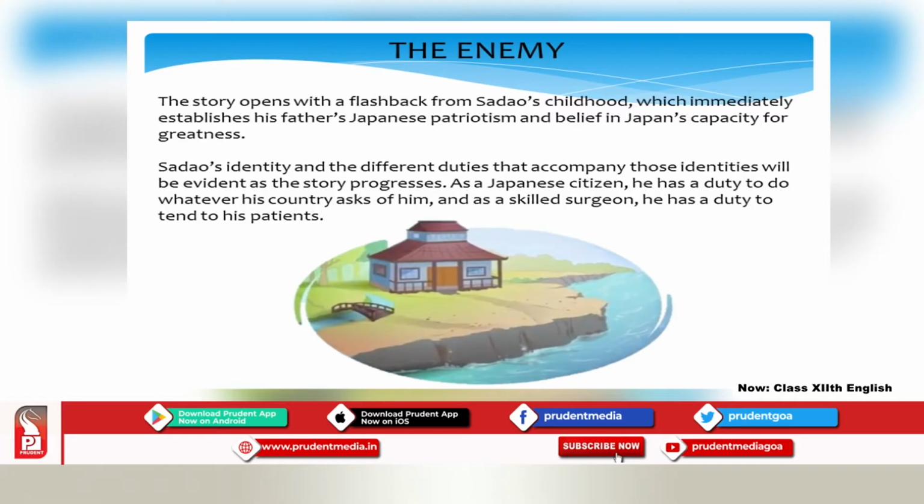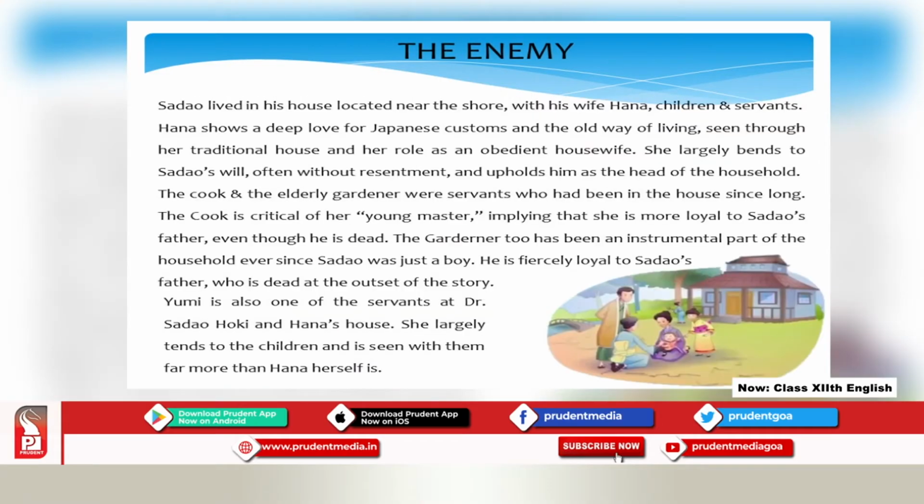Students, if you can see the picture here, this is exactly where Dr. Sadao's house was. It was very close to the Japan sea coast. Sadao lived in his house located near the shore with his wife, Hannah, children and servants. Hannah shows a deep love for Japanese customs and the old way of living, seen through her traditional house and her role as an obedient wife.